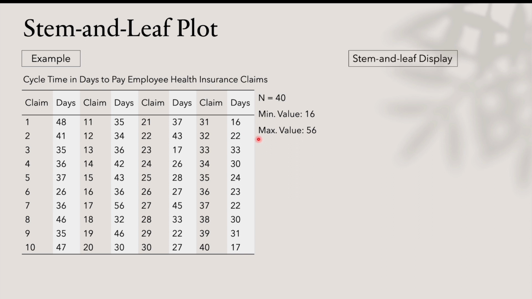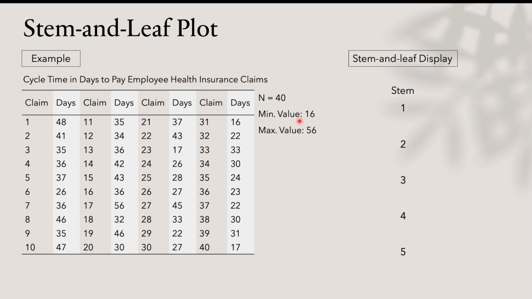Once we know that, we need to list down the possible stems, and then we can find the leaves to connect with them. The stems go from the minimum value to the maximum value. The smallest stem is 1 and the largest stem is 5.